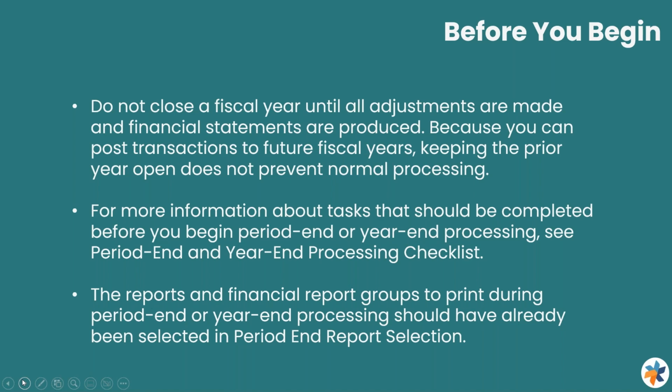Within Sage 100, depending on which module you go into, we're going to use accounts payable as an example. In accounts payable, there's a period end section within the module, and you can go down the list to the period end report, and it'll print out all of your period end reports as individual reports.